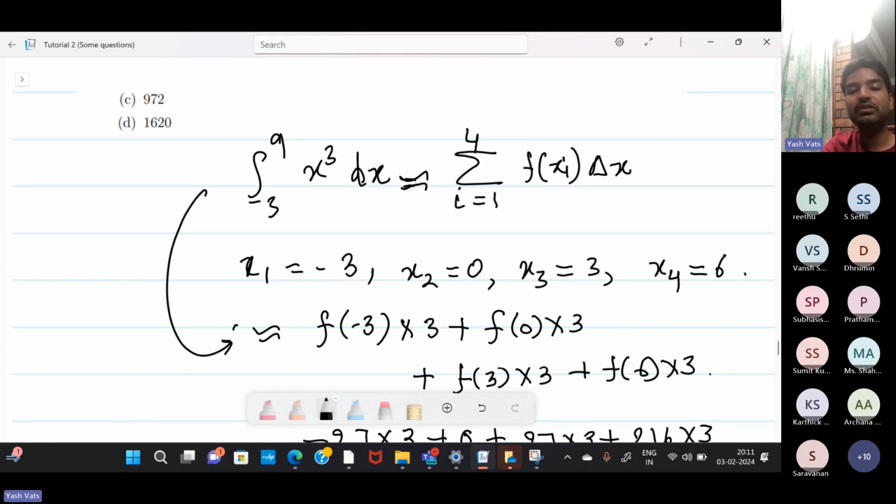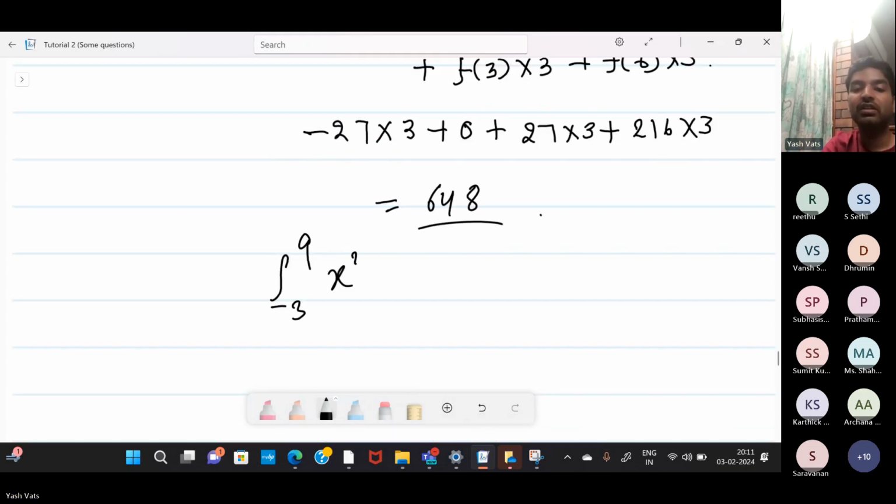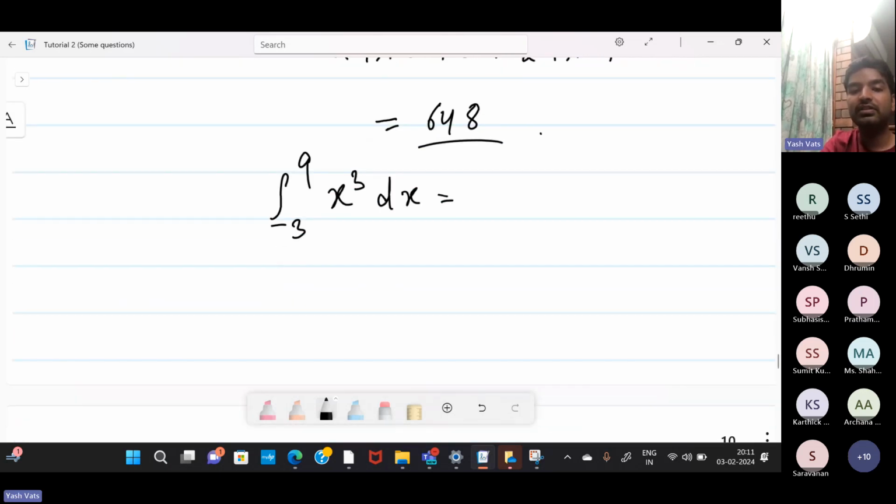You just tell me also this thing. What is this actual value? Just this minus 3 to 9.